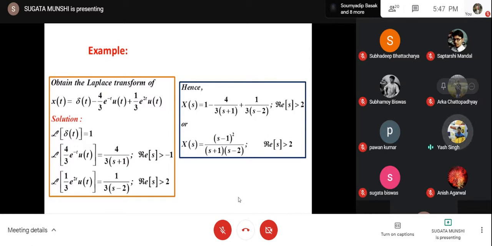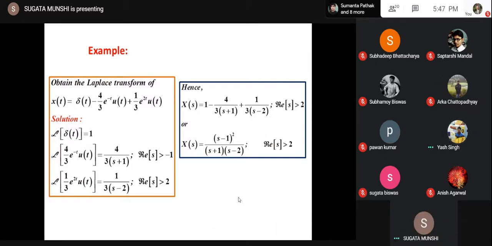Because U(j omega) has that additional term pi times delta(omega). So the Fourier transform of the unit step signal has that additional term 1 by j omega plus pi delta(omega). How does the Fourier transform of u(t) come in here?